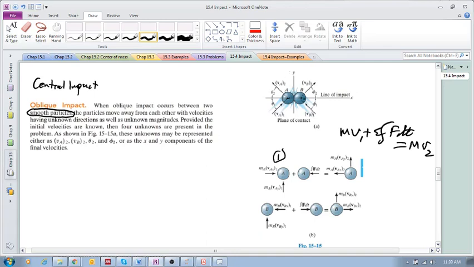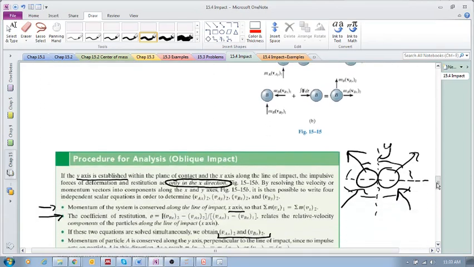And the momentum of particle B in the vertical direction does not change, because there is no impulse in the vertical direction. So our next assumption, based on having smooth particles and there being no vertical impulse, is that the velocity of A doesn't change in the vertical and the velocity of B doesn't change.